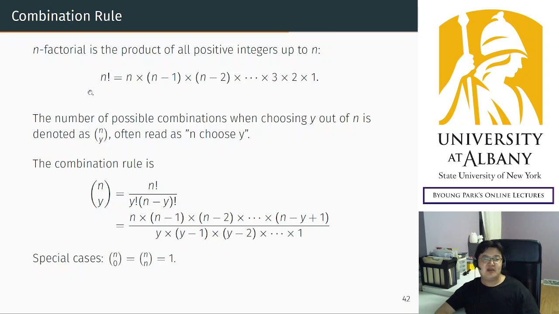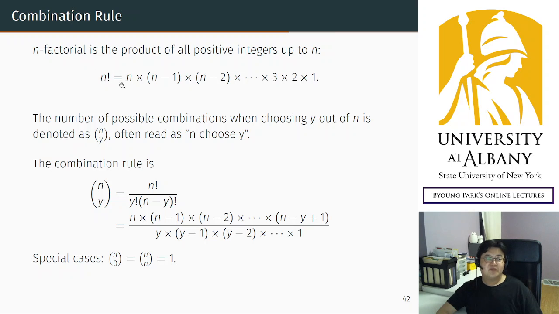This must be the only formula that I ask you to memorize. I do not have good intuition for this. So let's have a look. We define another mathematical notation, n factorial. n followed by an exclamation mark is a mathematical notation.